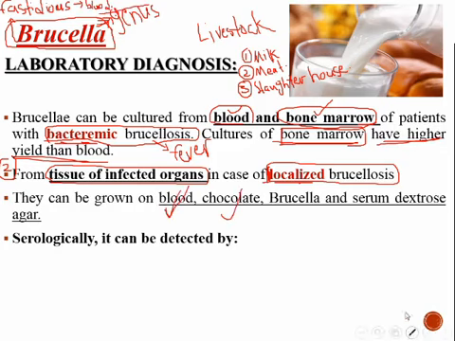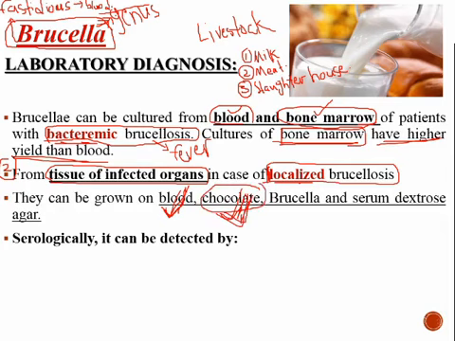If you remember in the lab diagnosis of Neisseria meningitidis and Neisseria gonorrhoeae, we said Neisseria meningitidis can grow on blood and chocolate agar, but Neisseria gonorrhoeae can only grow on chocolate agar, not blood agar.